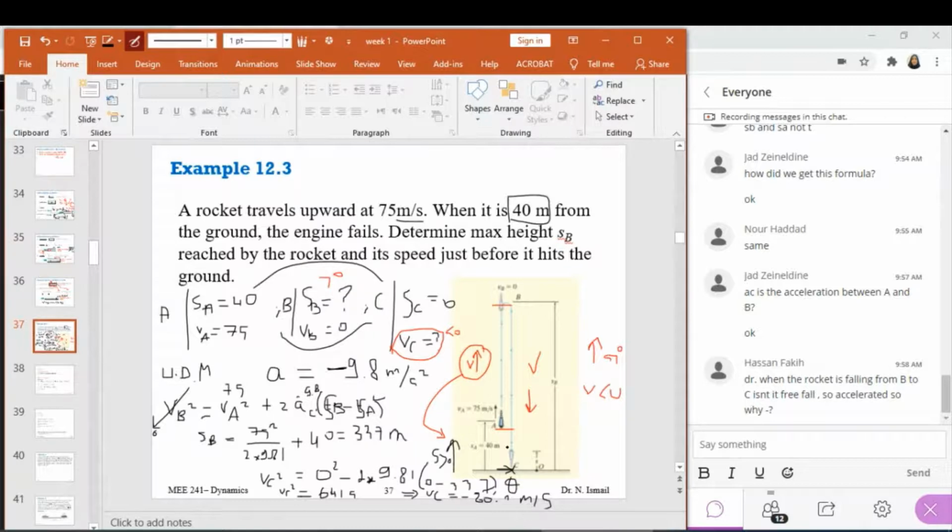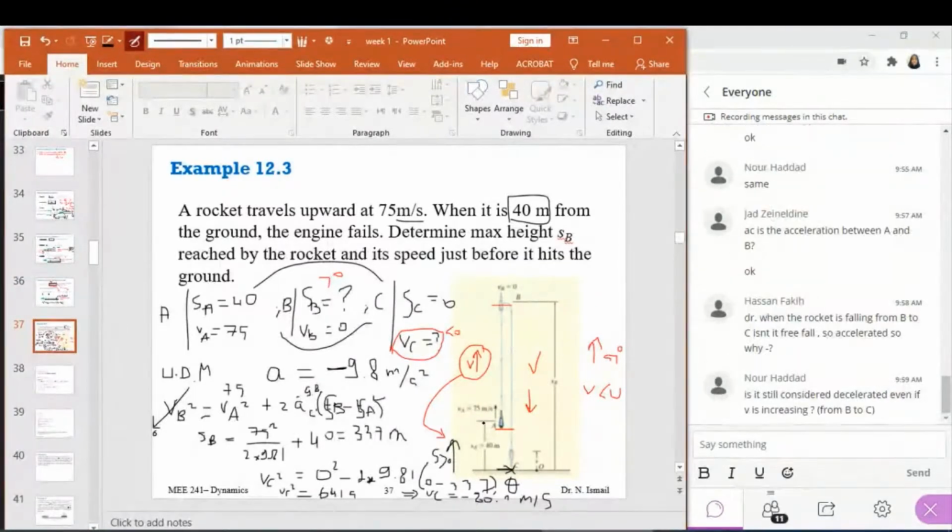If you take from the very start of this problem B as your origin, and SA is positive downward, then A will be positive. But since I took this S positive in the upward direction, then you should stick to this positive axis all over the problem. Since A is downward, then A is negative. Okay, Hassan? Don't be confused.